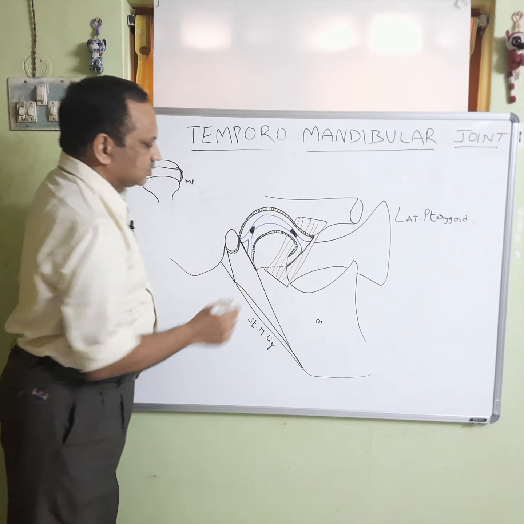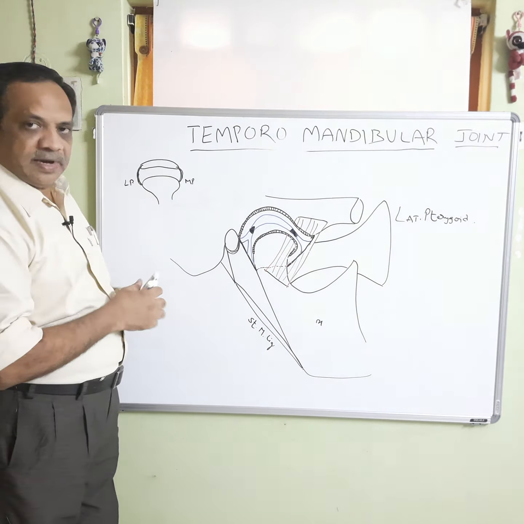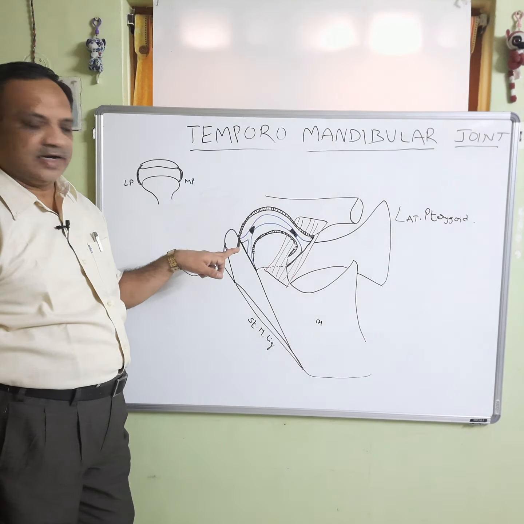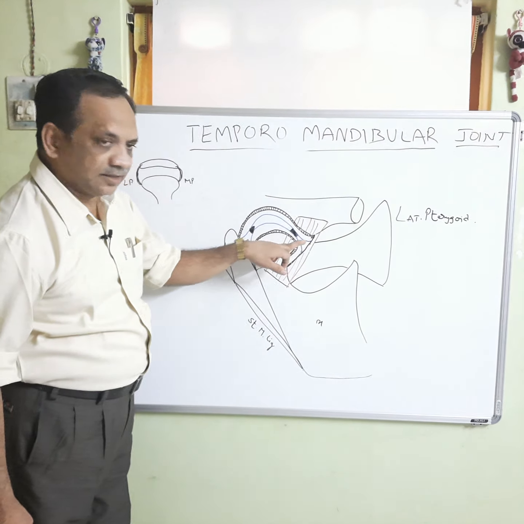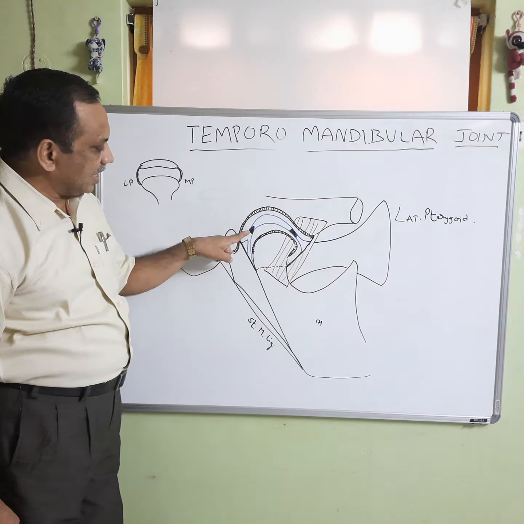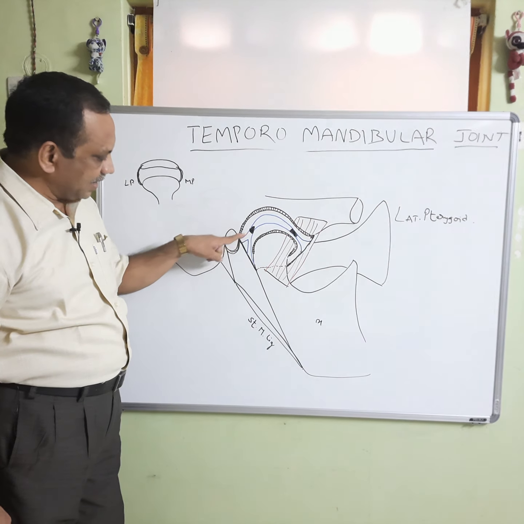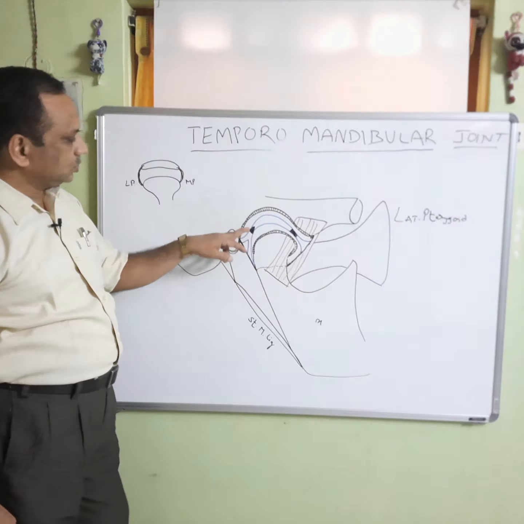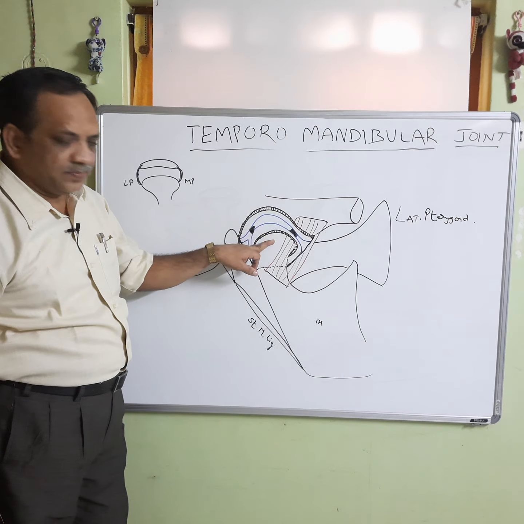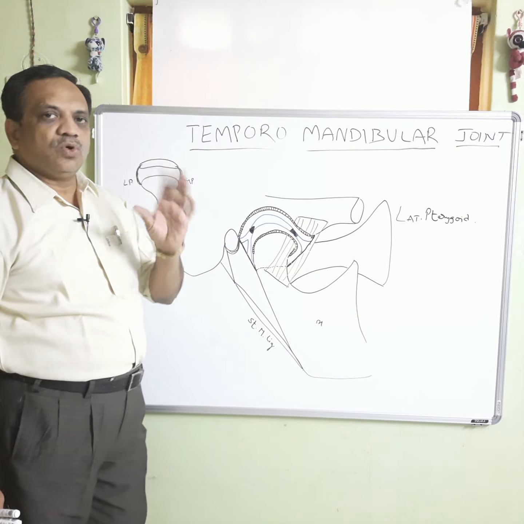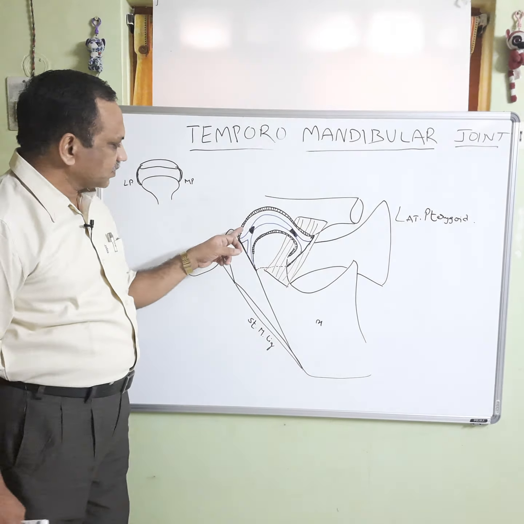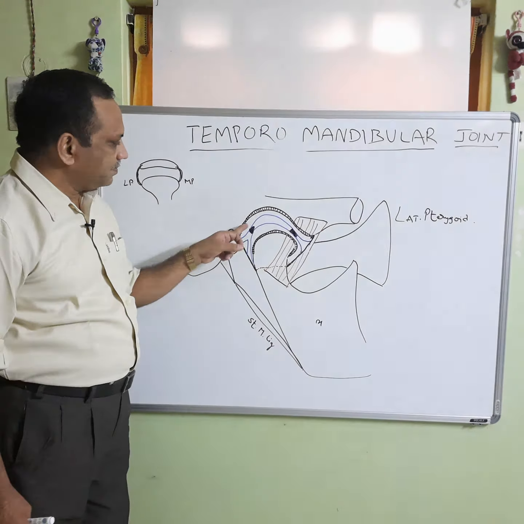So, by the presence of these bands, this articular disc can be divided into an anterior extension, anterior thick band, intermediate zone, a posterior thick band and a bilaminar zone. Due to these attachments, this menisco-mandibular compartment moves as a single unit and glides in the menisco-temporal compartment.